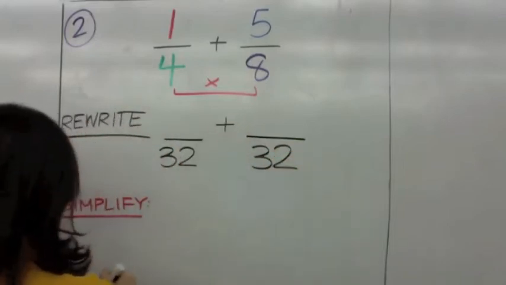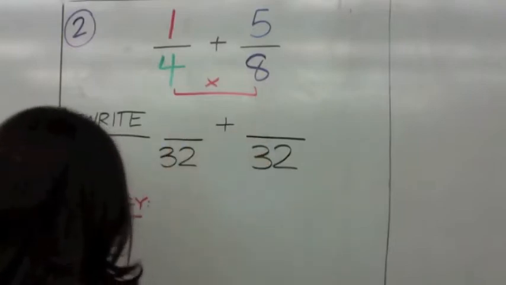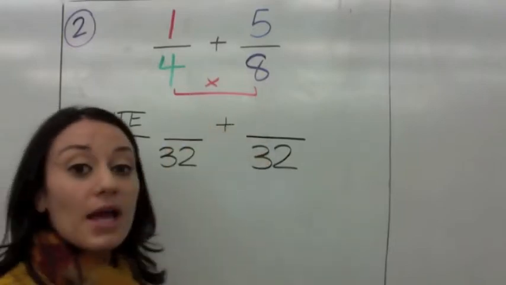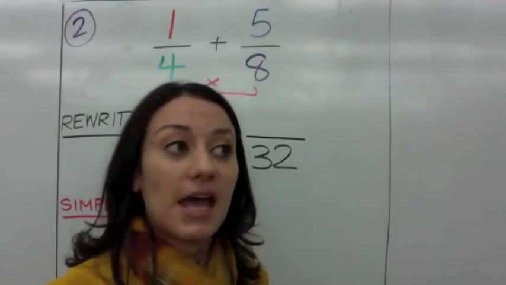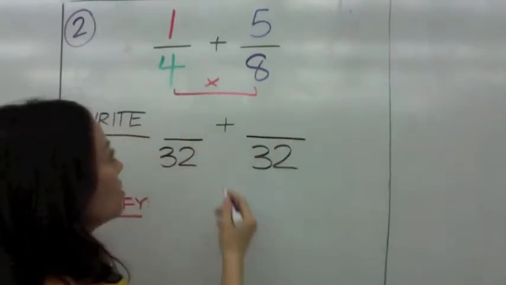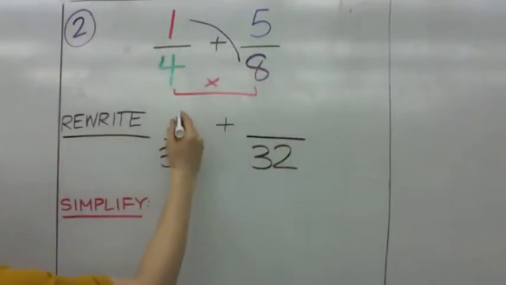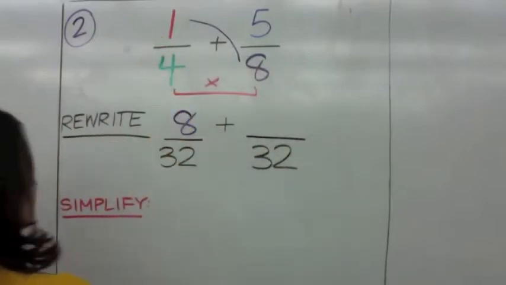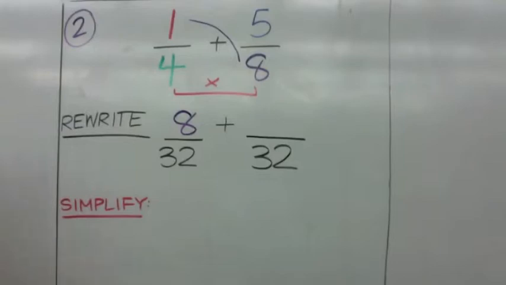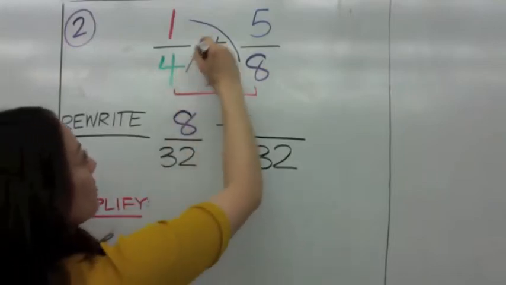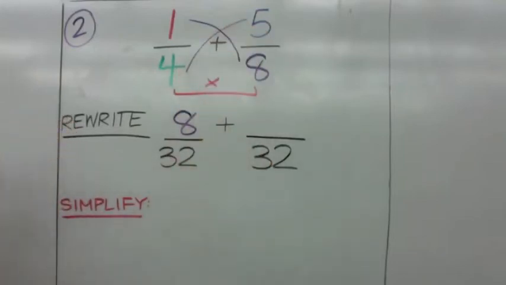Remember, you're adding these fractions. Well, now you need the numerators. You can do that by doing what? Say cross multiply. Say it, cross multiply. So now you're going to get 8 times 1. Remember, start with the fraction on the right. 8 times 1 is 8. What about 4 times 5? Well, 4 times 5 is 20.